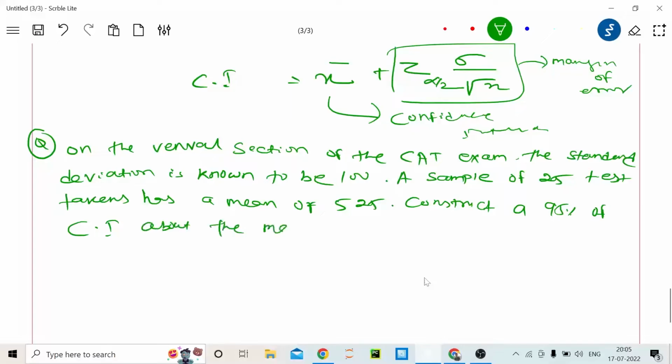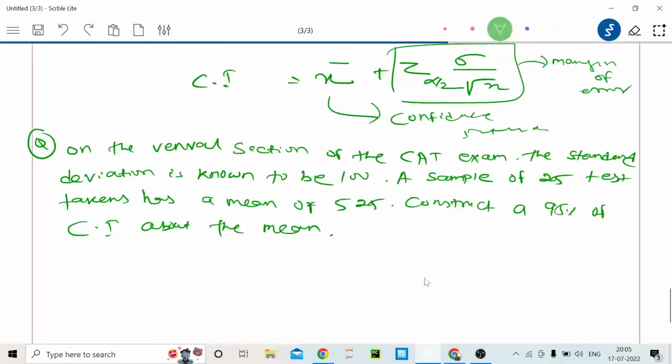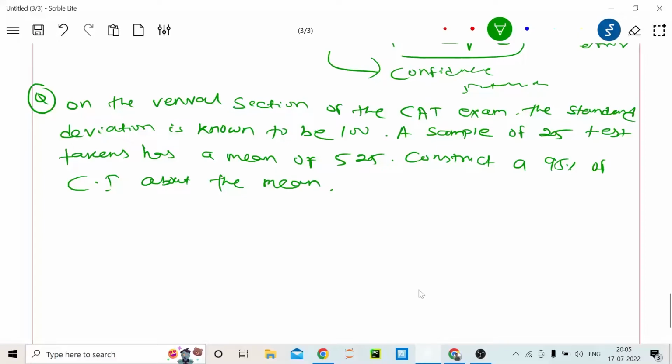That means in this question, what is given to you is that on the verbal section of a CAT exam the standard deviation is known to be 100. Let's say you took a sample of 25 test takers, that means 25 students who took the exam.